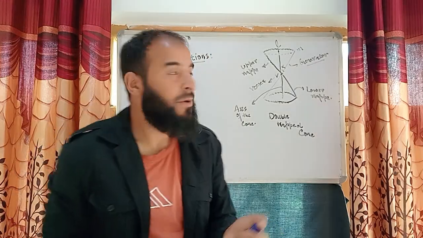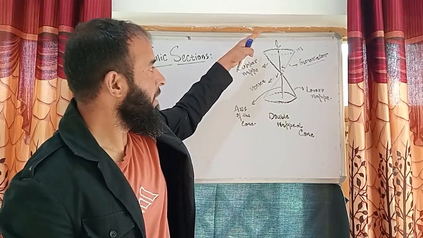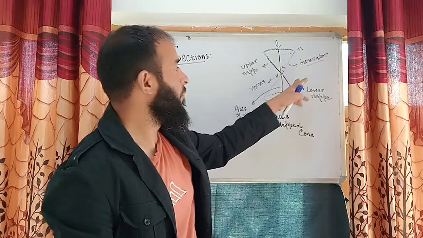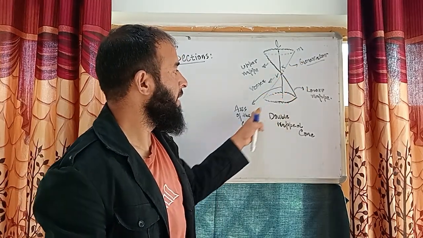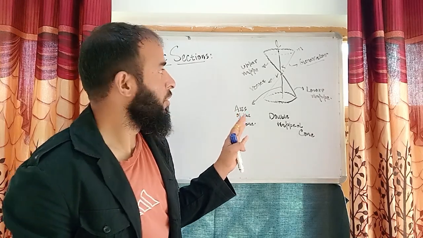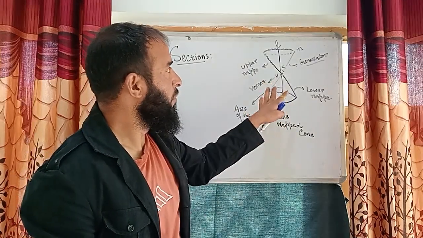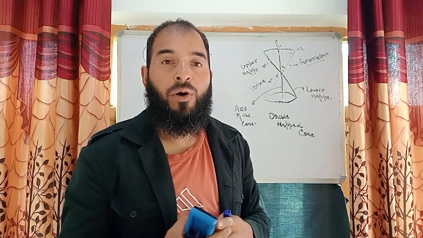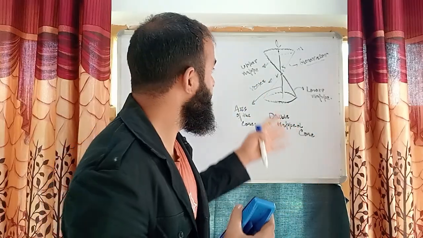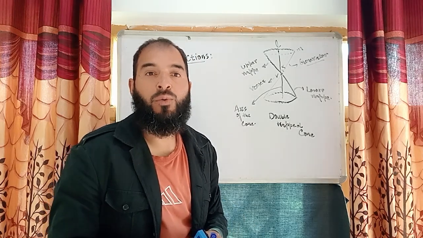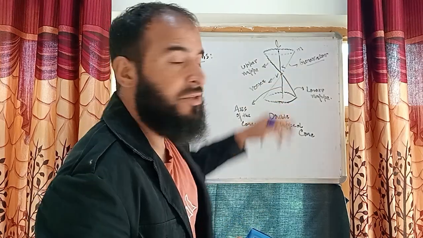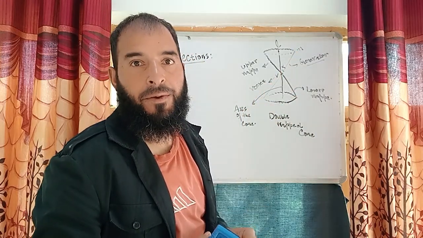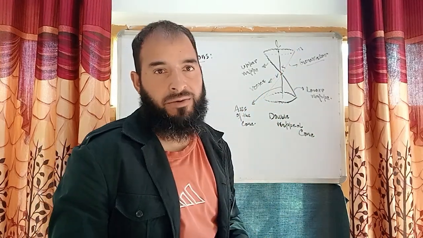So look here, we have the upper nappe, the lower nappe, the generator, the vertex, and the axis of the cone. So this is all about how we get this three-dimensional figure, the cone, and how it is generated by the rotating line called the generator.